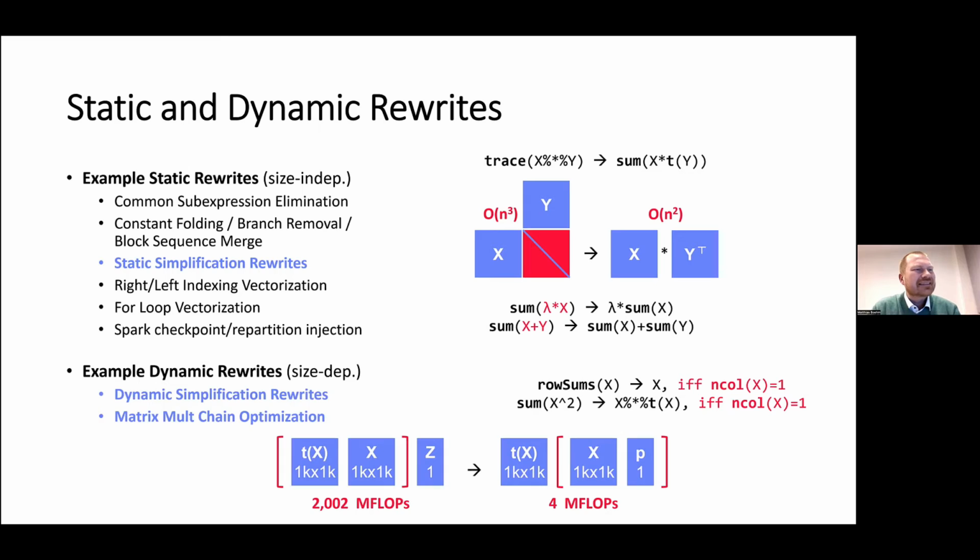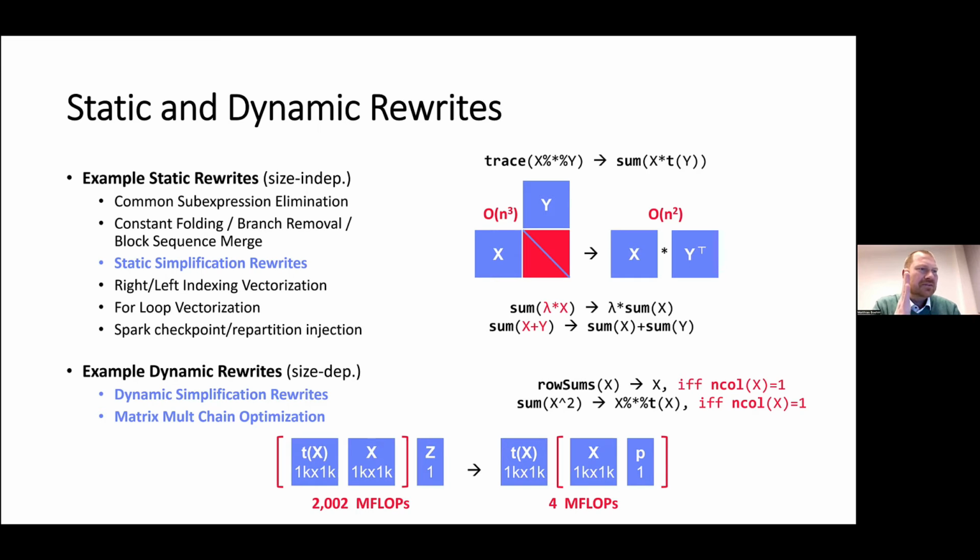But given the sizes that we inferred, we can utilize those sizes to also apply dynamic rewrites that have additional constraints on them. So, for example, a common operation that you will see is the sum of x element-wise squared. So for every element in this matrix, we square the value and create an equal-sized matrix in terms of dimensions.